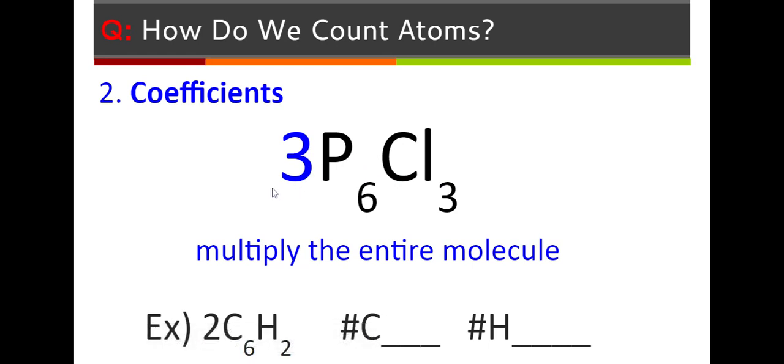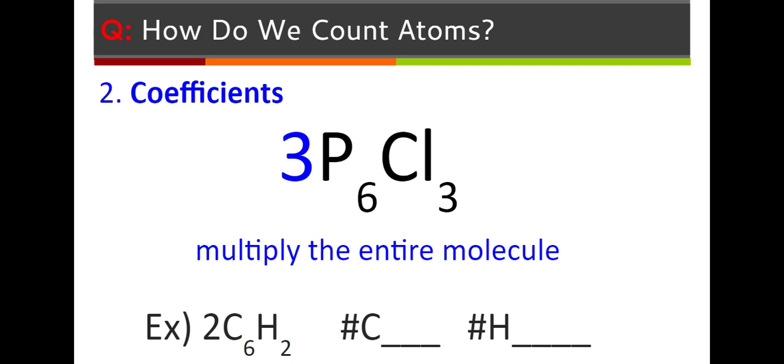However, we have a coefficient which applies to the whole molecule. So this is like the distributive property that you learn in math. You're going to take this 3 and multiply each of these individual numbers by that number. So I'm going to do 3 times 6, which gives me 18, and 3 times 3, which gives me 9. So that means that instead of 6 phosphorus atoms, I have 18, and instead of 3 chlorine atoms, I have 9.